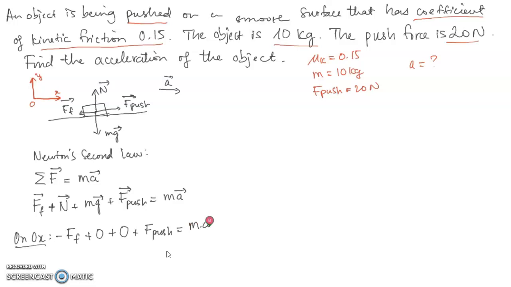And so from this, acceleration would be equal to minus F friction plus F push divided by M, or just rewrite it: F push minus F friction divided by M.